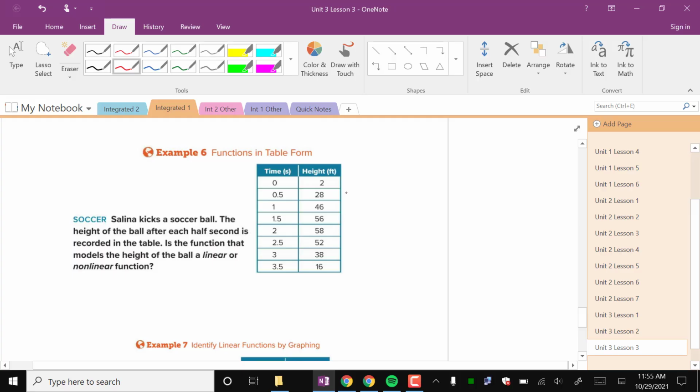So you notice this is a jump of 26, while over here we have a jump of 2. And then from 28 to 46, we have a jump of 18. Then we have a jump of 10. If we look at these jumps, we notice that the jumps are not the same. And because the jumps are not the same, this is nonlinear.